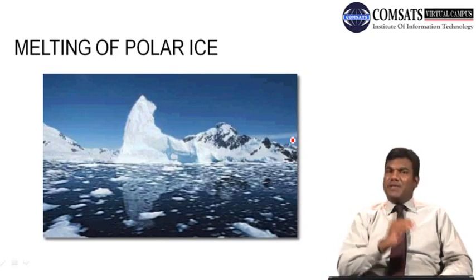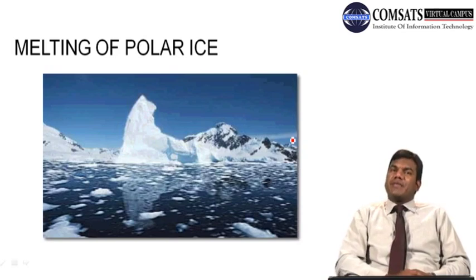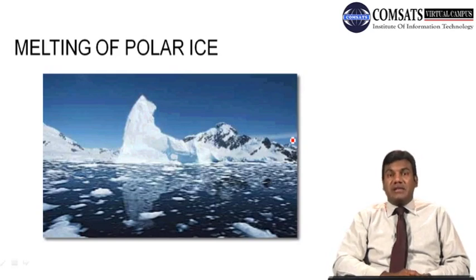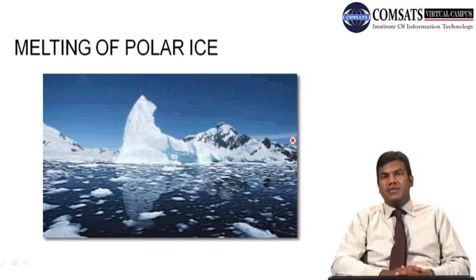Now there's a very interesting story in this too: some countries are happy about the melting of this polar ice, and some countries really feel that the temperature is changing, it's warming up and it has taken all the snow.